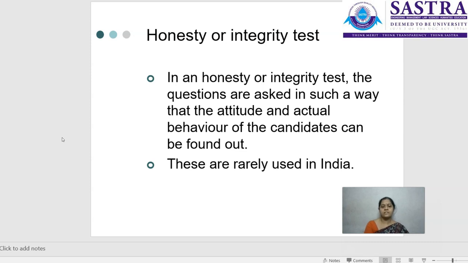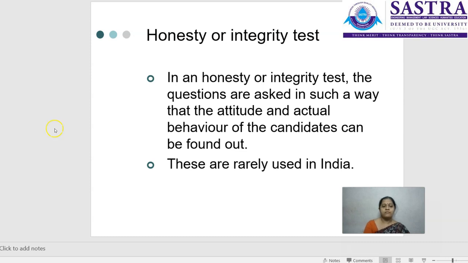An organization may feel a need to ascertain the honesty of the candidates, to ensure that they have not furnished any false information in the application blank. This is a kind of test that will be conducted, and it is very rarely used in India. This type of honesty or integrity test is very rarely in use.